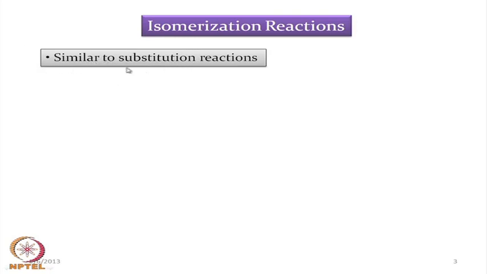So far we were talking about a substitution of one particular group, that means the replacement of X by Y. X is removed from the system first, then Y enters the system. In a similar fashion, the isomerization of the molecules can also take place, where the substitution reactions are similar to the corresponding isomerizations.